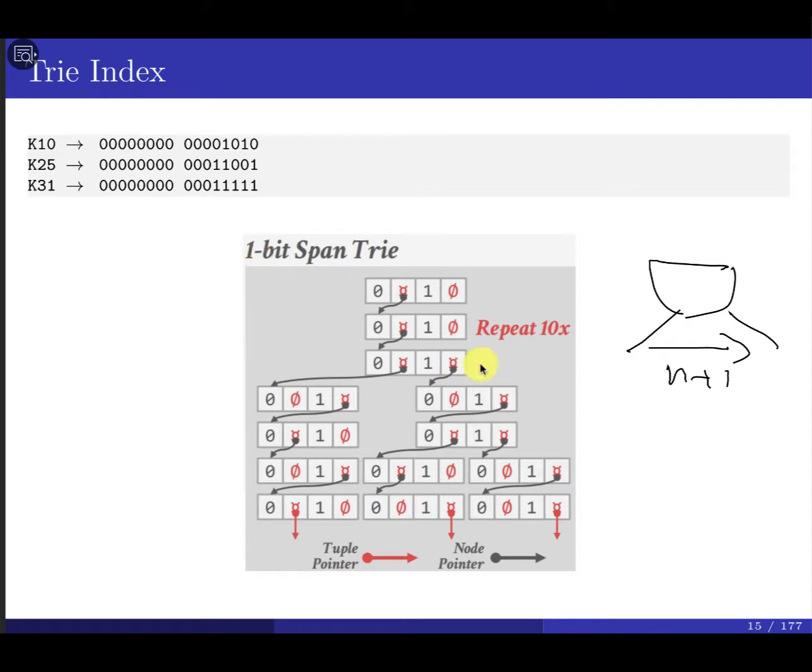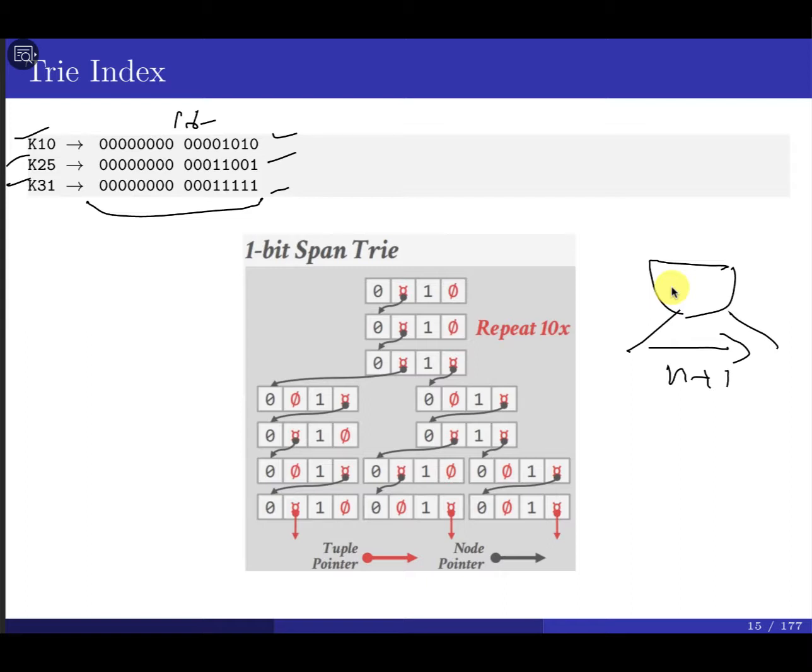Of course, it's not optimal, not a good solution, but just to give you an idea. Assume that we have 3 keys, and this is the binary representation, using 16 bits. I'm going to use a 1-bit span trie. That means for each level, I'm going to use 1 bit, which tells me whether to go 0 or 1.